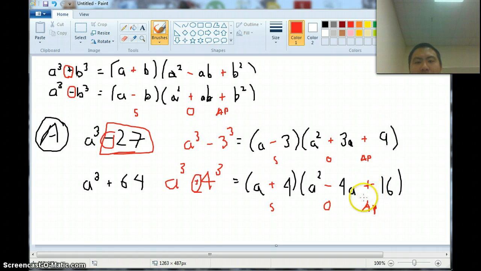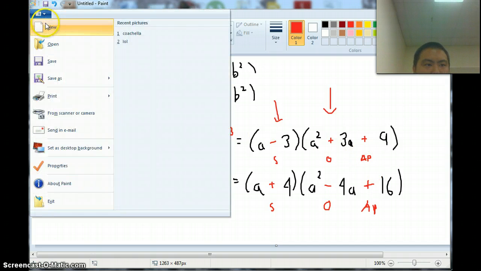Okay, so that would be the key difference here, is how the SOAP would change. The main thing is this term changes, and this one changes. Right? It's always same, opposite. Okay, so let me set up my next example here.